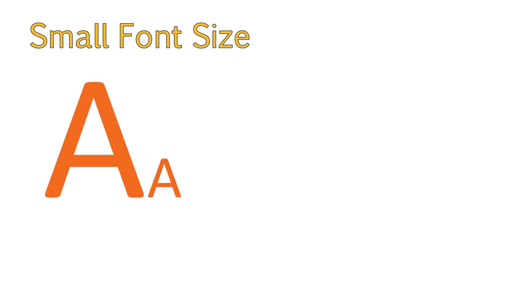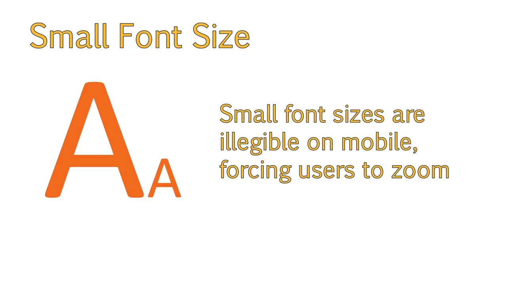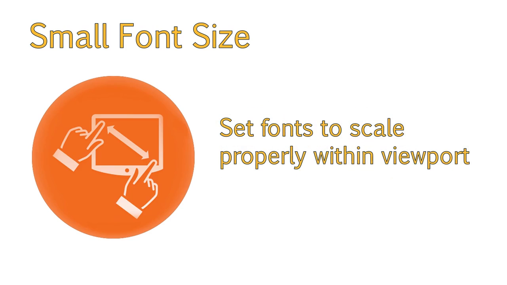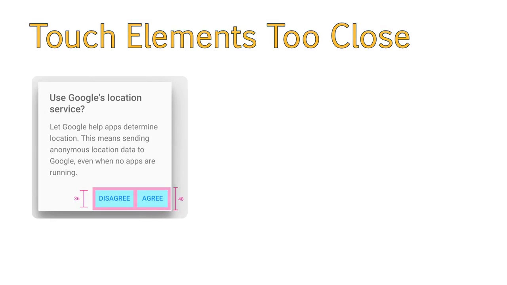Yet another issue is small font size. Avoid setting the font size too small to be legible on a mobile device, forcing users to pinch to zoom in order to read. Once you've specified a viewport for your web pages, set font sizes to scale properly within the viewport. Touch elements may also be too close.